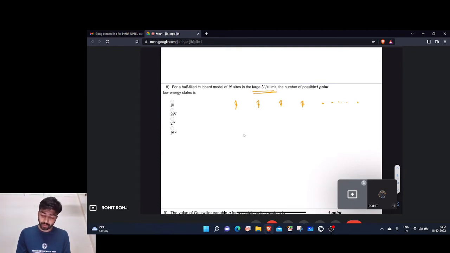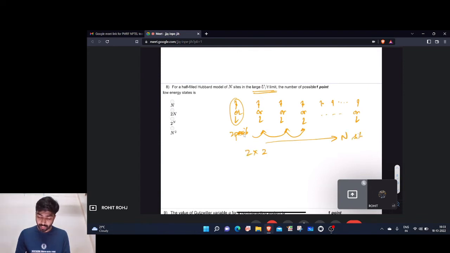This electron can be spin up or spin down. Since we have two possibilities at each site, and this goes for n sites, the number of possibilities is 2 raised to the power n. So the correct option for the number of possible low energy states would be 2 raised to the power n.